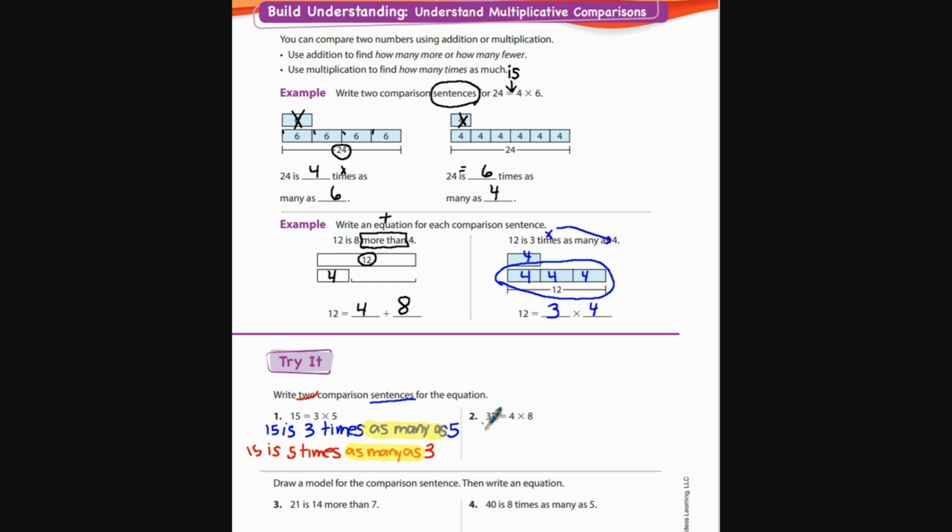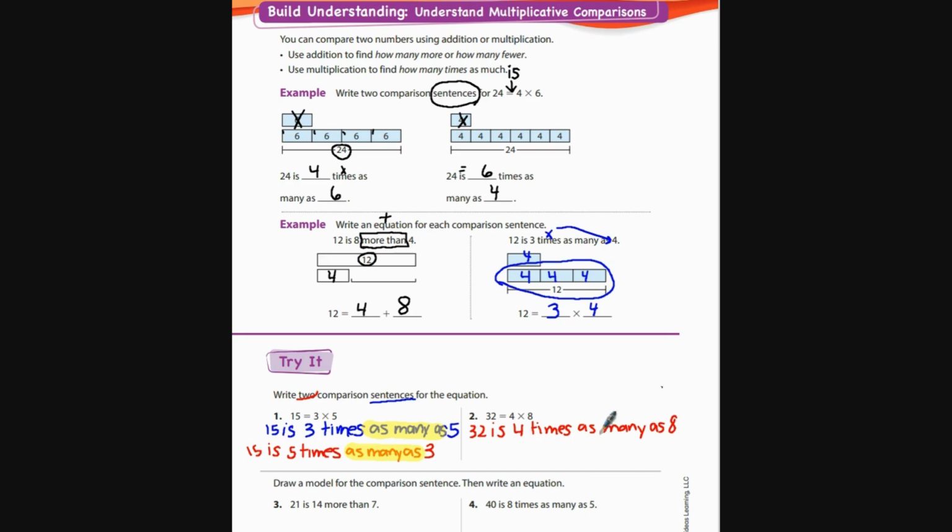Let's try it again with this one. 32. All right, so let's go. 32 is exactly the same way. 4 times as many as 8. Correct. And now we're going to do the second way.